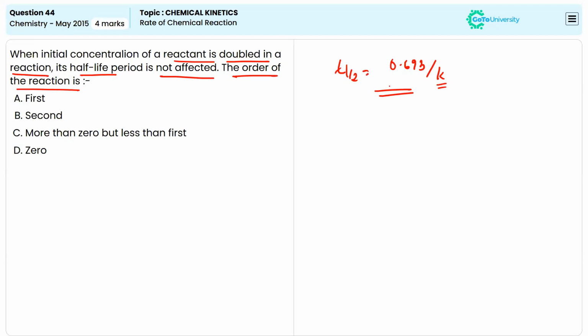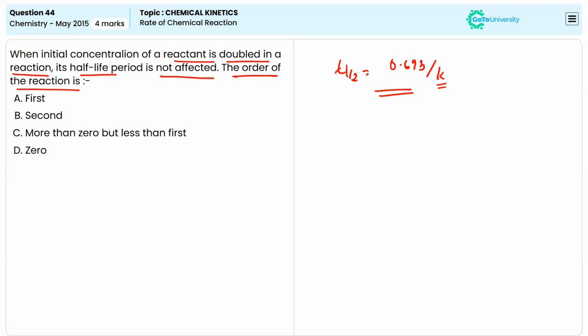T half is the time required to complete half of the reaction, right? So even if the concentration of the reactant is doubled, the half-life is not affected, meaning the half-life should be independent of the initial concentration of the reactant.